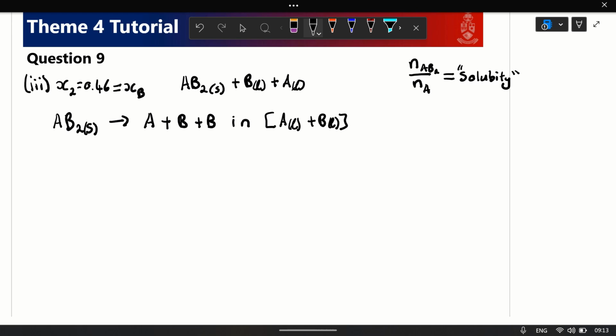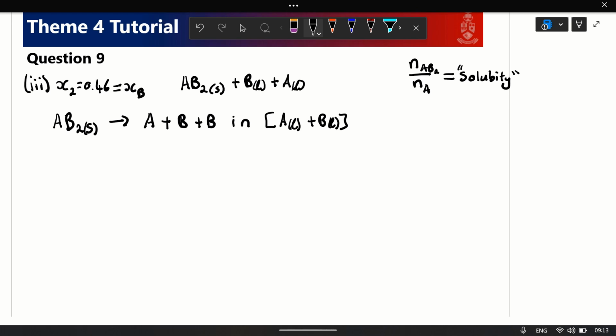If we get, for example, 0.5, then we know half of the components in this region at this composition is AB2 compared to the number of moles of A. So that's something we could calculate from the information we're given.